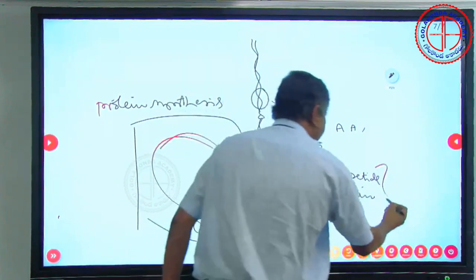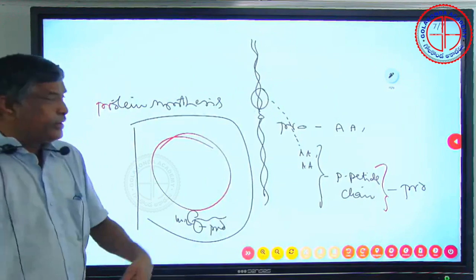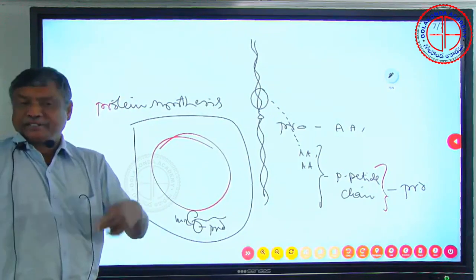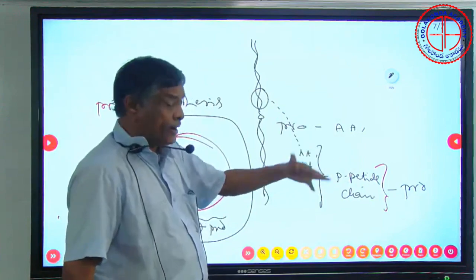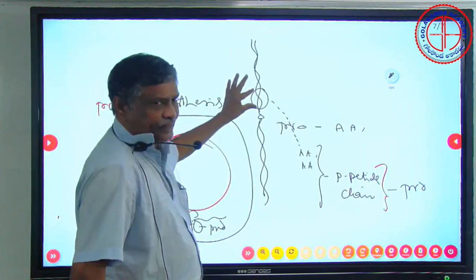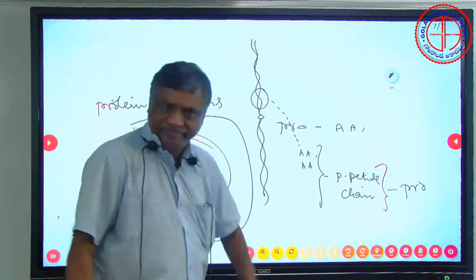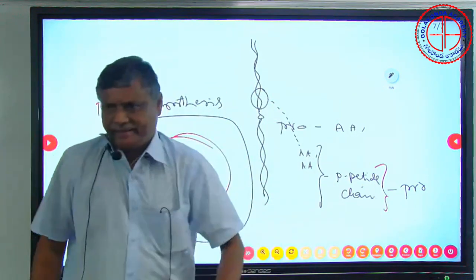Then the polypeptide chain forms the protein. So during protein synthesis, the polypeptide chain prolongating part of DNA is also known as a gene. For a gene, we have three or four definitions.